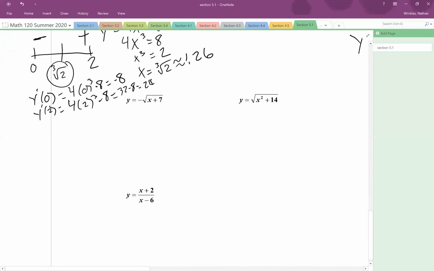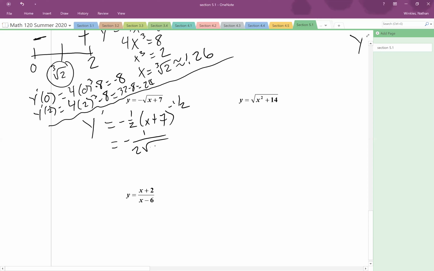So on the next problem, y equals negative square root of x plus 7. So that means that y prime is equal to minus 1/2 times x plus 7 to the -1/2. So -1 over 2 times the square root of x plus 7. Set that equal to 0. There's no place in the numerator that gives us 0, but our denominator says x equals -7.